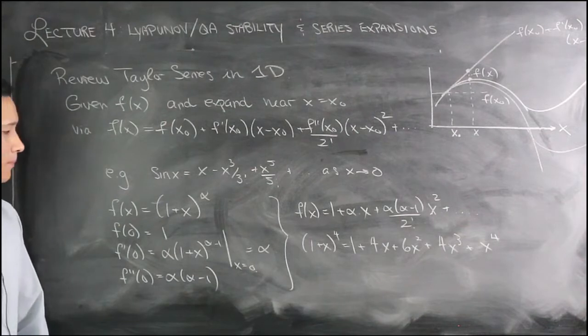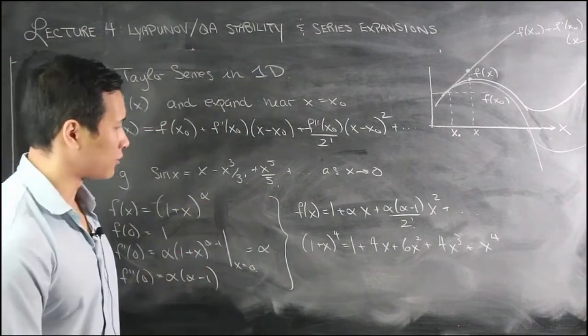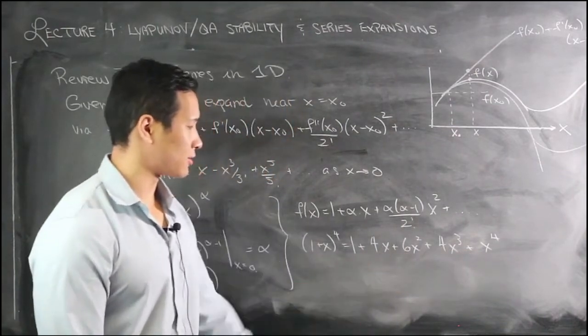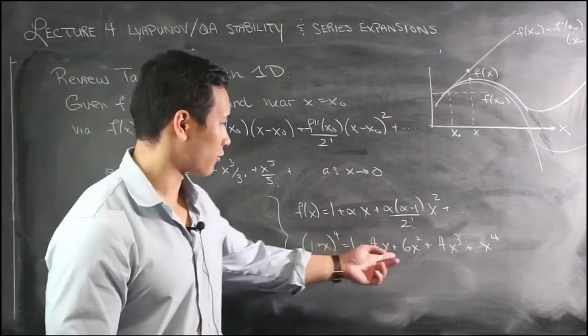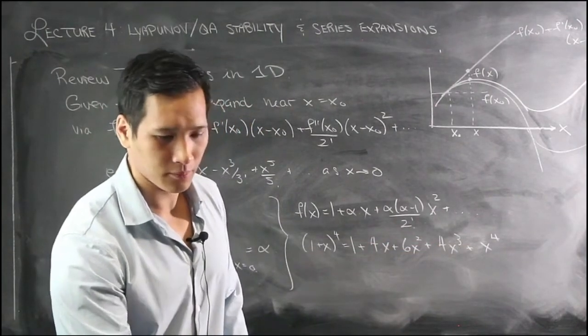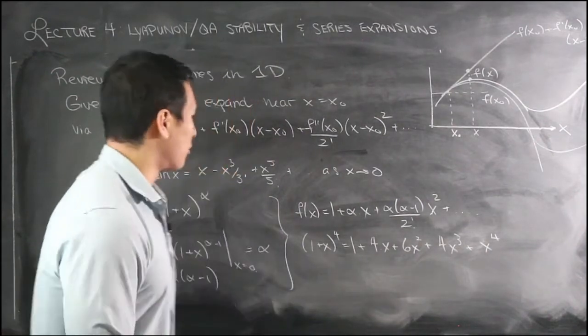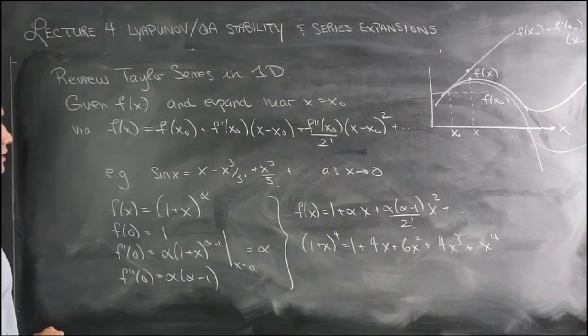Because the derivatives will eventually be equal to 0, this series will terminate. This is just the binomial expansion that you might have learned in A levels. 1, 4, 6, 4, 1 are the coefficients of the Pascal triangle. Okay, good. So this is just a very quick review of Taylor series in 1D.